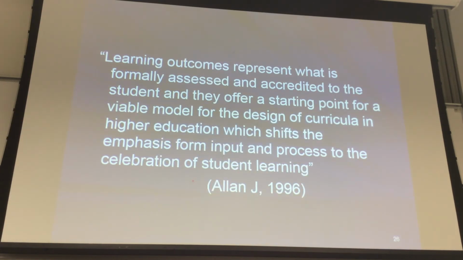There was another lady who wrote a marvellous paper in a journal, Judith Allen. She said learning outcomes are a celebration of students' learning.